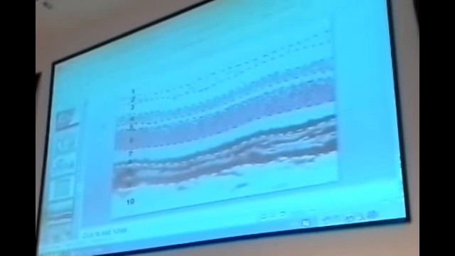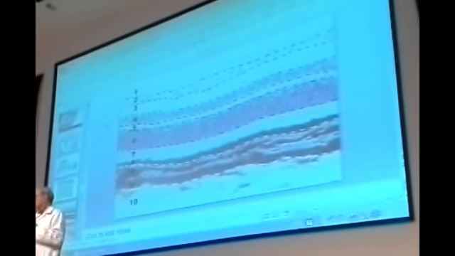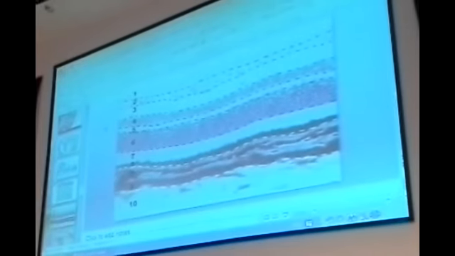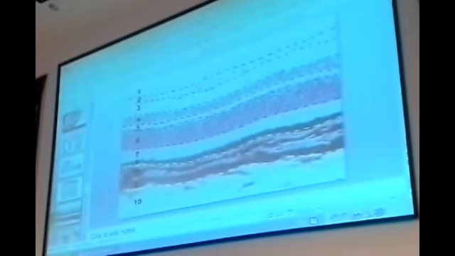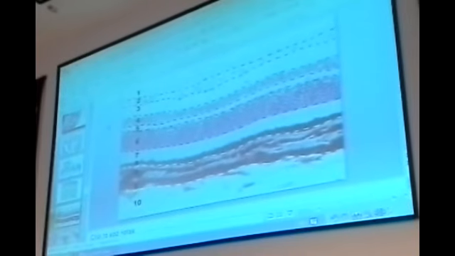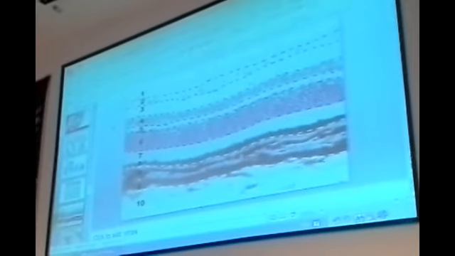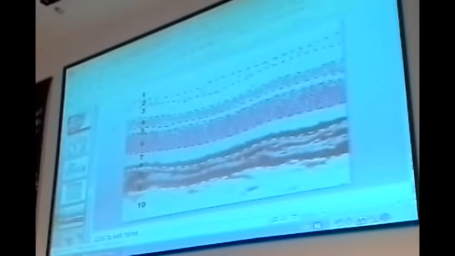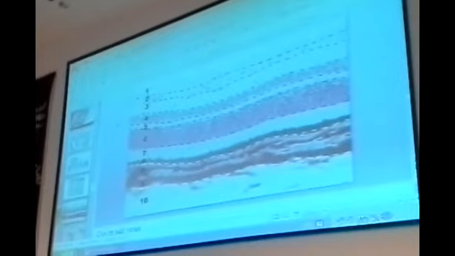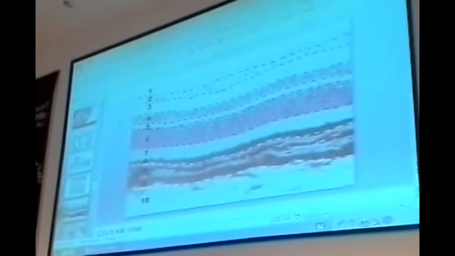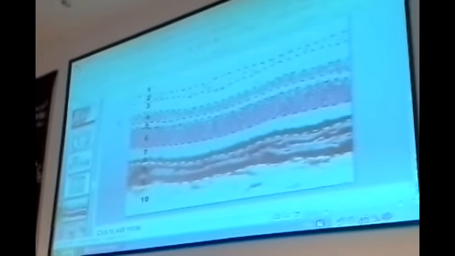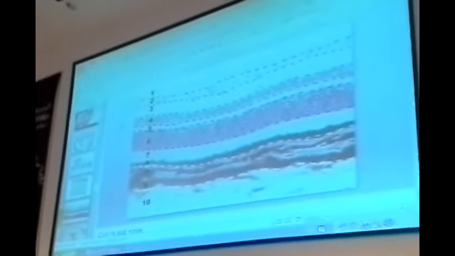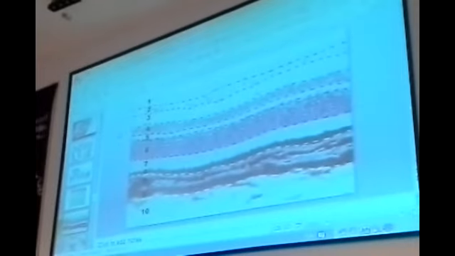Which part of the eye is covered by two layers of pigmented epithelium? Iris. The iris is covered posteriorly by two layers of pigmented epithelium, while the ciliary body has one layer of pigmented epithelium, and the retina has one layer of pigmented epithelium. Okay?